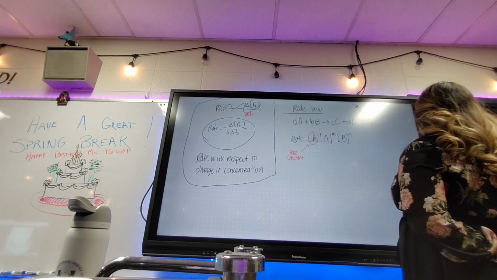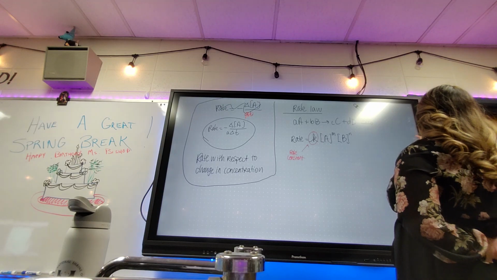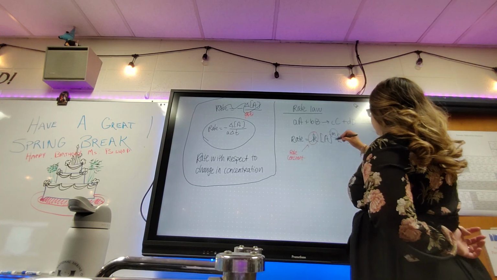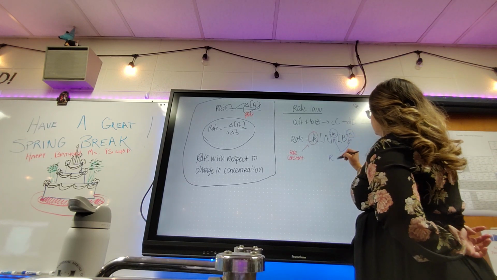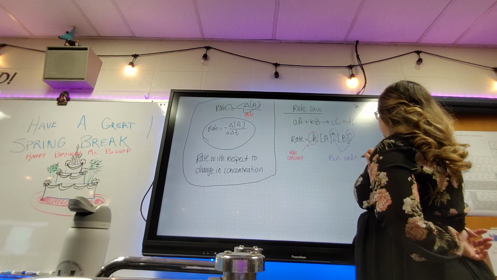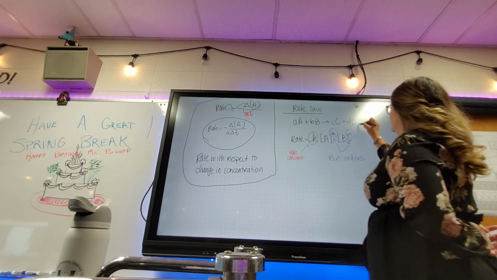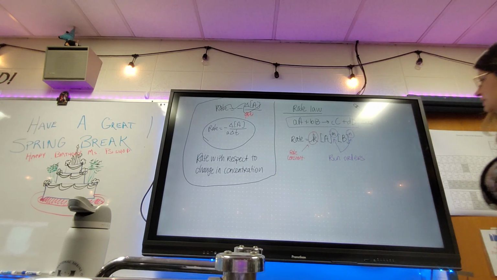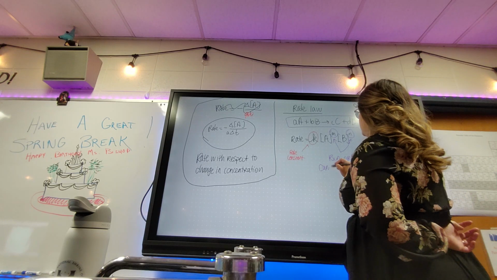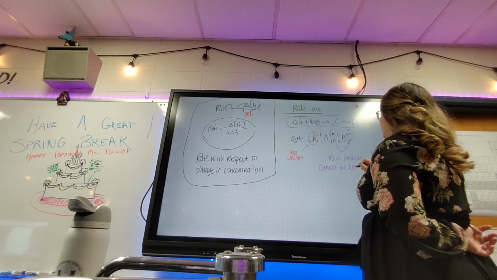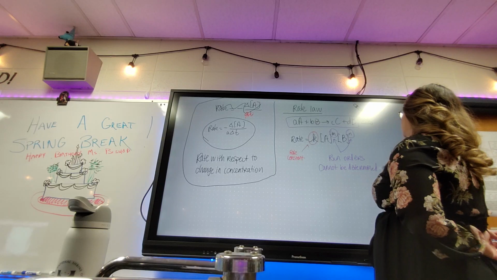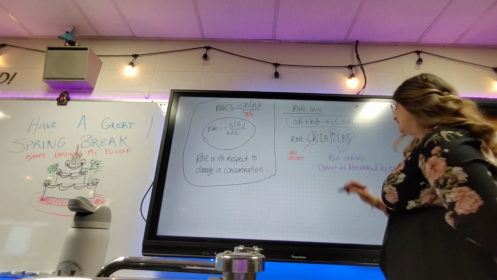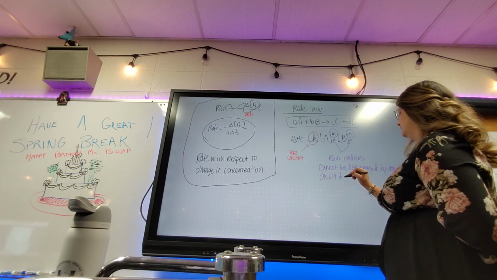But now, what the heck are M and N? M and N are something special. They are called the reaction orders. You'll notice that there's no M or N in this pretend chemical equation. They cannot be determined by stoichiometry. They can only be determined by experimentation.